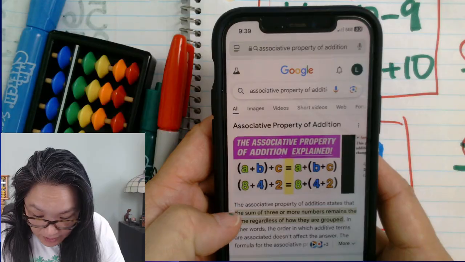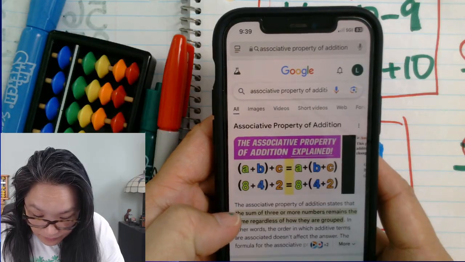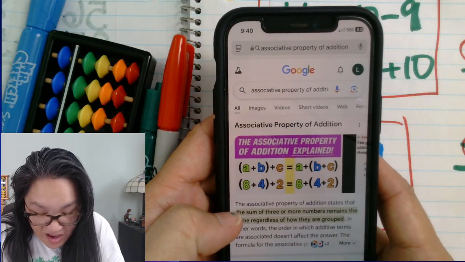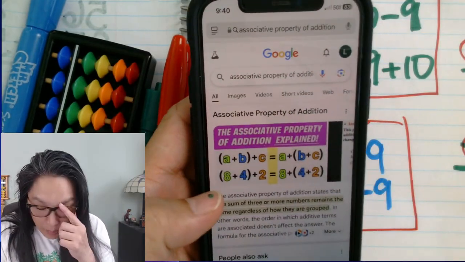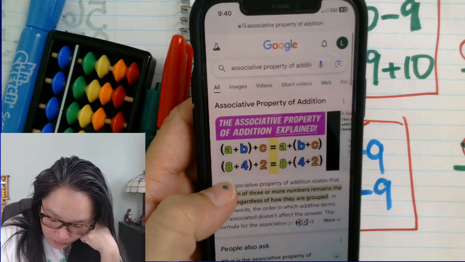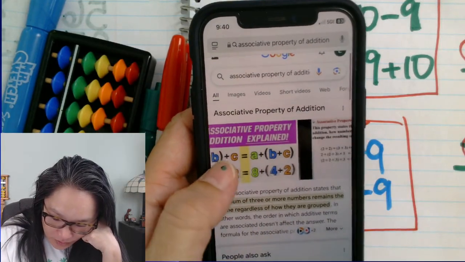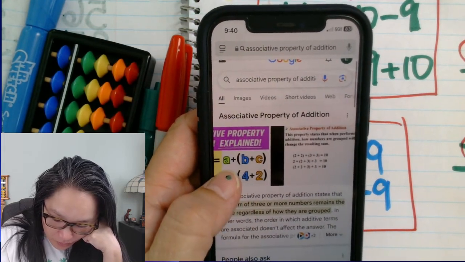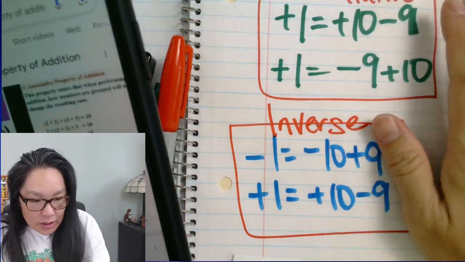The sum of 3 numbers remains the same. No, then it's not the associative property, because it's not the same. So maybe I'm doing it wrong.